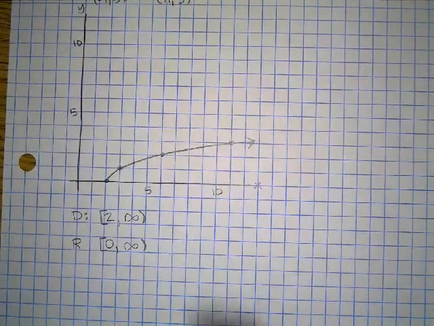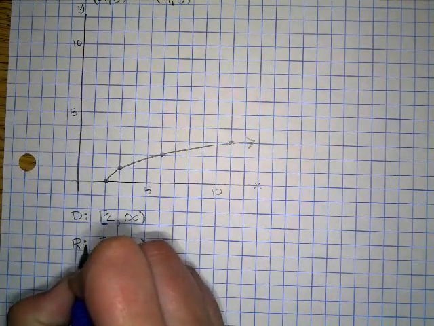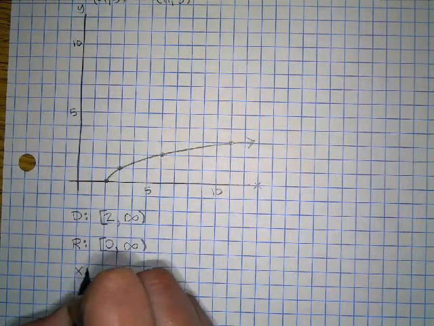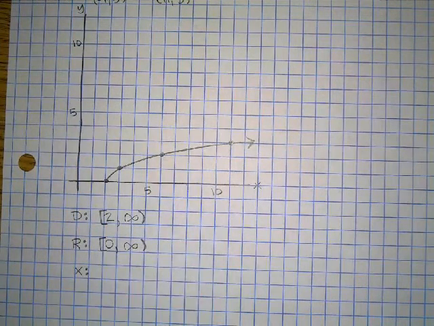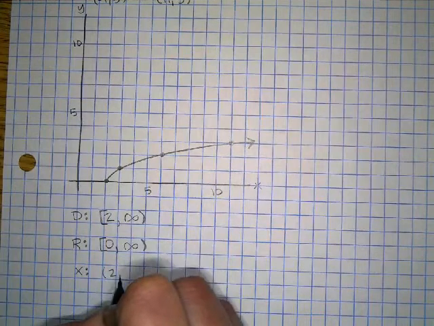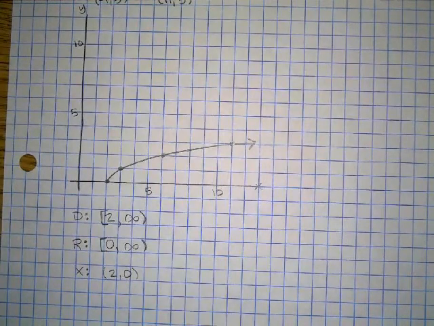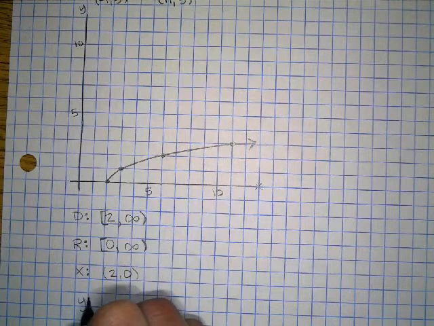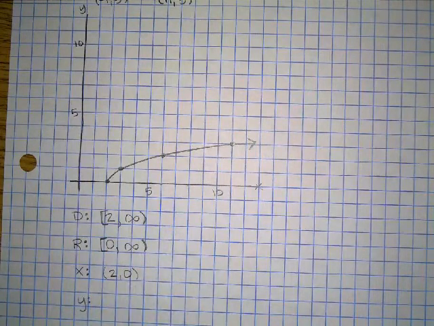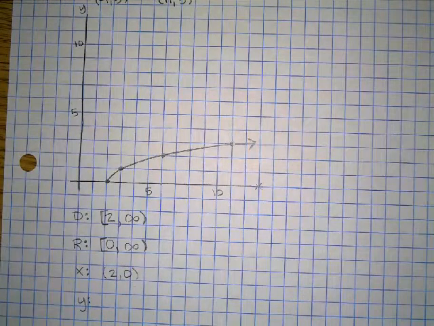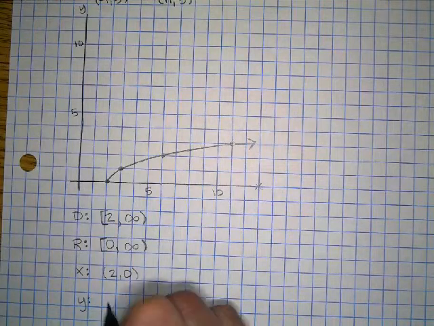Is there an x-intercept on the graph? Yes. 2. Okay. Is there a y-intercept on the graph? No. Okay, so I'm going to write none.